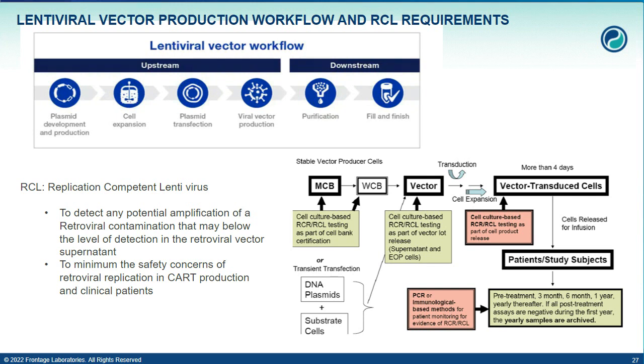So sometimes it is also required by FDA that even after the patient was injected or infused with the CAR-T cells, the RCL has to be detected in the patient sample.